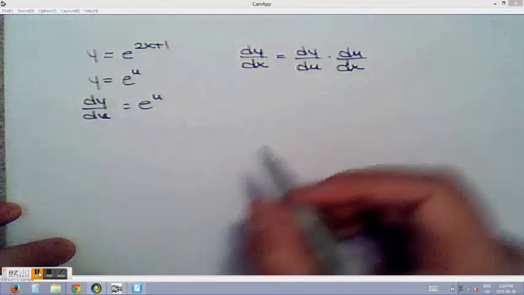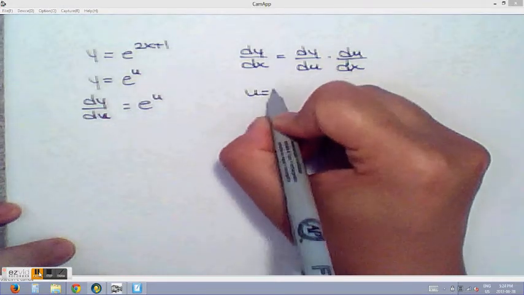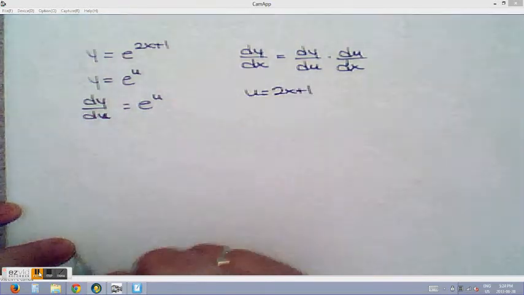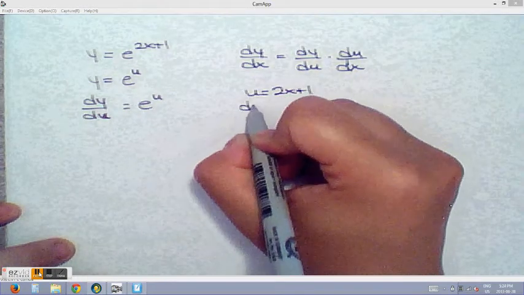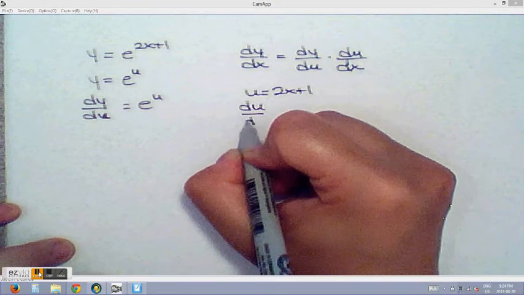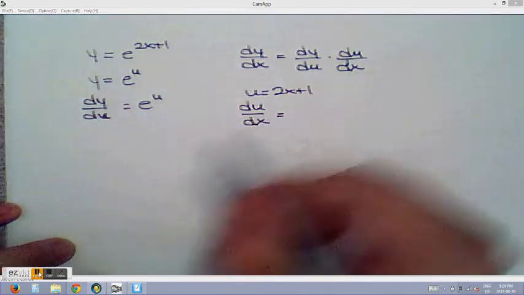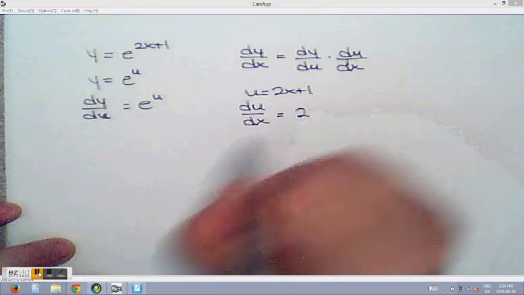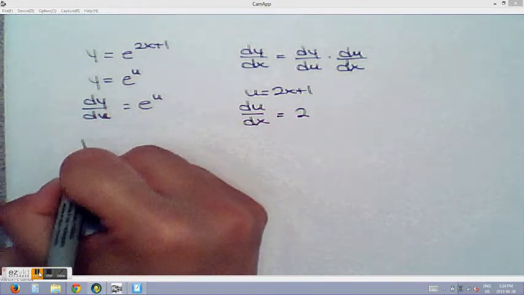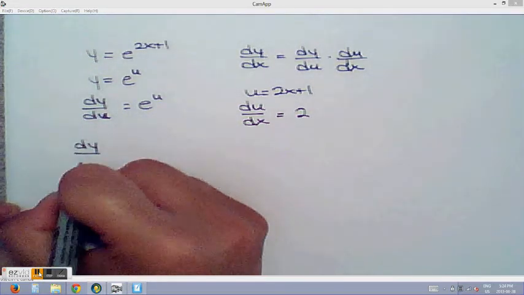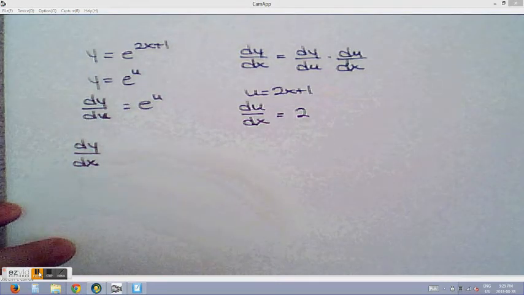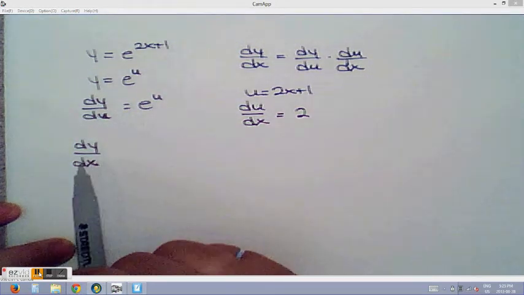So u, what I'm saying, is 2x plus 1. So I want to differentiate u as a function of x. In this case, it'll just be 2. So now, making my substitution back in, when I do a substitution, I need to do the chain rule. So find dy by dx.